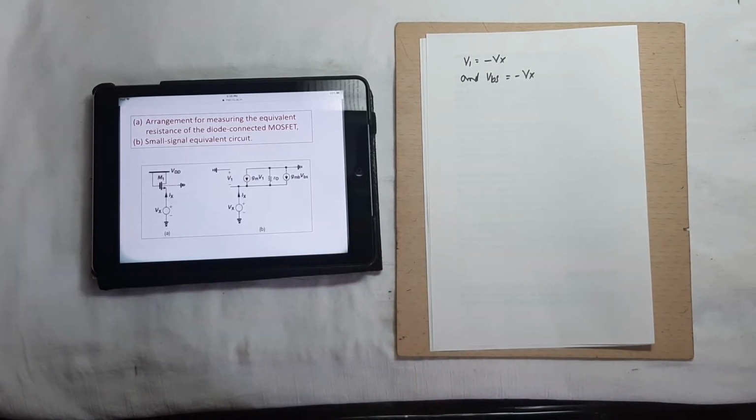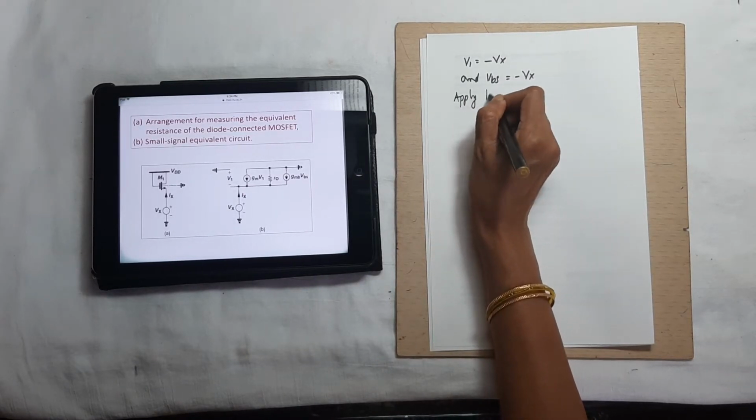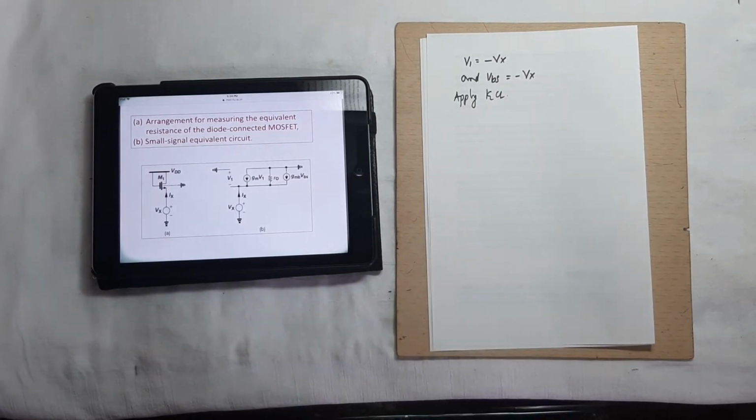Now considering this node, let us apply KCL. What does KCL state? The algebraic sum of incoming and outgoing currents is equal to 0.